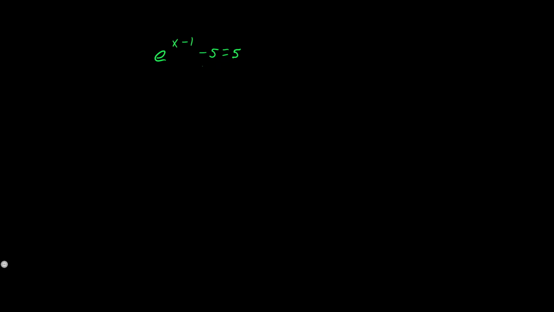So first, let's go ahead and add 5 to both sides, giving us e to the x minus 1 is equal to 10. And we just take the natural log, giving us x minus 1 is equal to the natural log of 10. And with that, we just get that x is equal to the natural log of 10 plus 1.